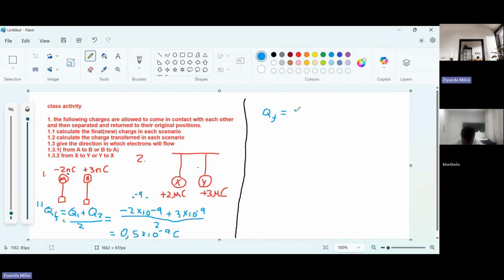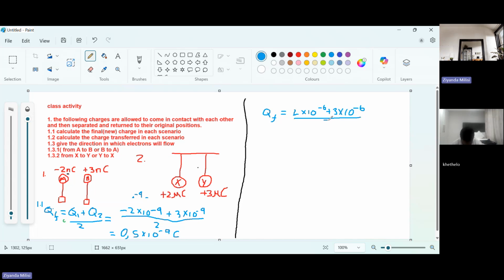It's going to be 2 times 10 to the power negative 6 plus 3 times 10 to the power negative 6, all over 2.